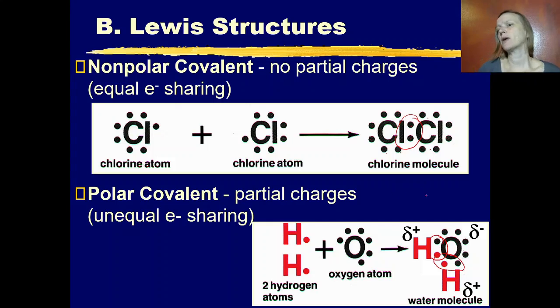It's just that once we have a polar molecule, then we start talking about the directionality, where the electrons spend their most time. And in this example, electrons spend most of their time around oxygen because oxygen is more electronegative than hydrogen.